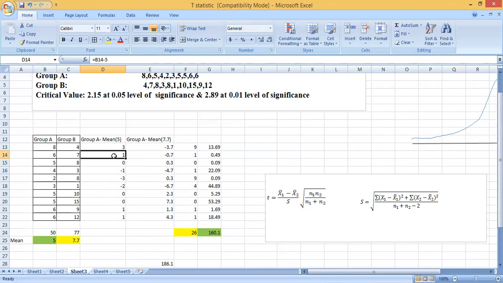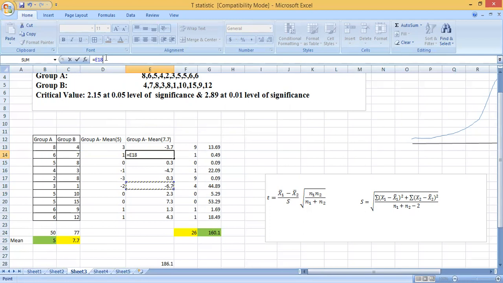In this way you can proceed, or in Excel you can drag it. In the same way, you subtract 7.7 from 4, from 7, from 8, from 3, from 8. Look at this formula.